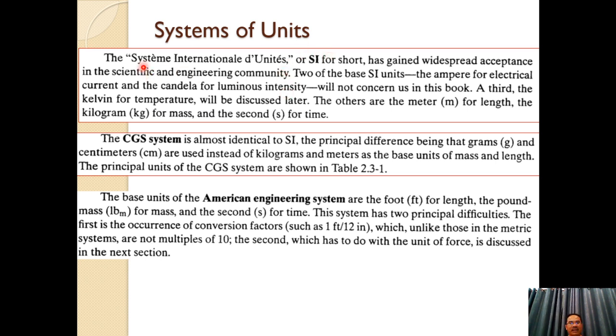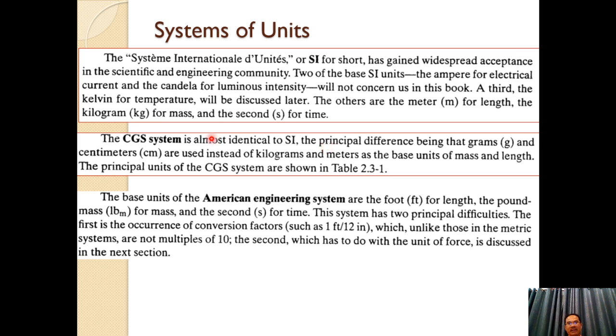SI stands for System International d'Unités. The most common SI units are temperature in Kelvin, length in meter, mass in kilogram, and time in second.